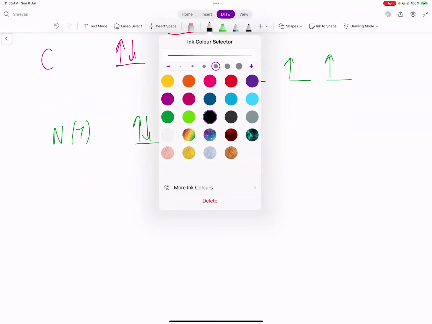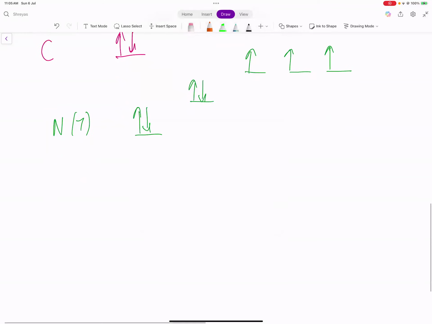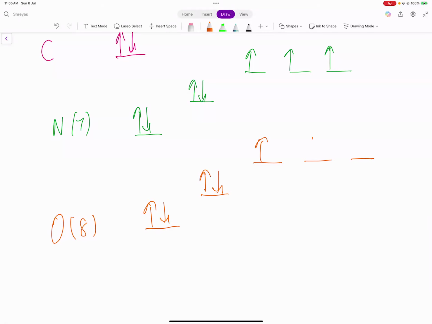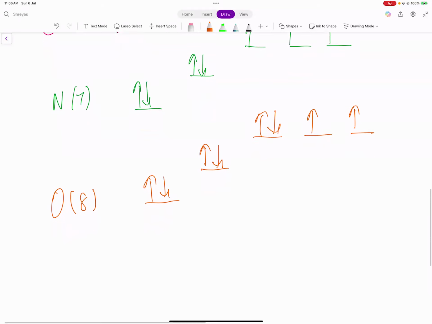Then oxygen, 8. So first each will get one. Now pairing starts. Got it?